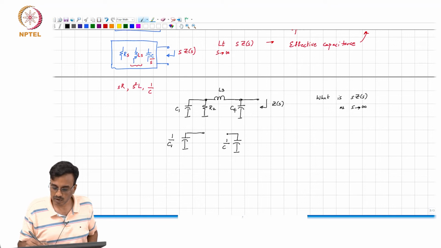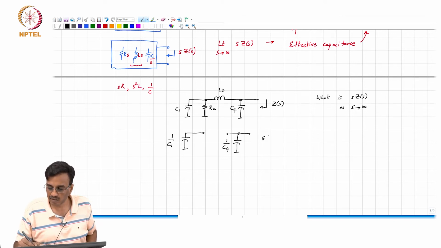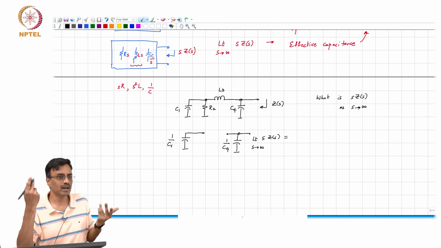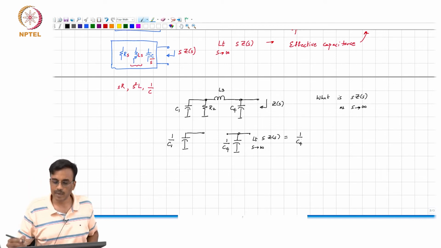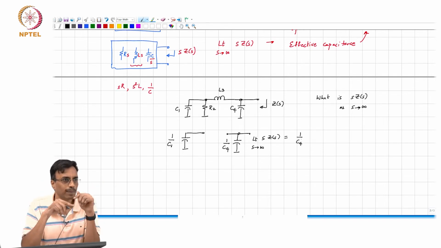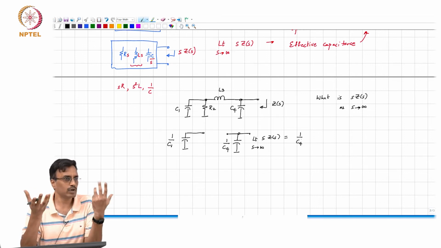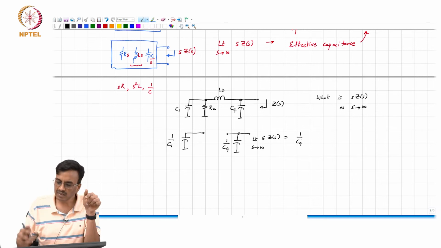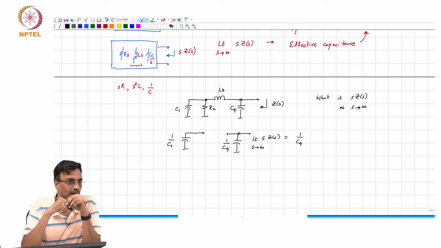A resistance of value 1 over C4 equivalently. So, what is s times Z of s as s tends to infinity? Staring at this, what do you see? It is 1 by C4, and in English it basically means that you open up all resistors and inductors. You will get a network which only consists of capacitors. The equivalent capacitance that you see is related to s times Z of s as s tends to infinity.